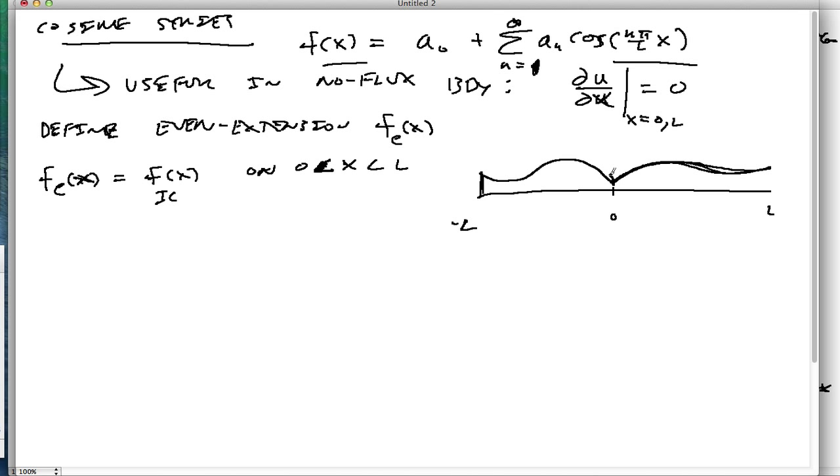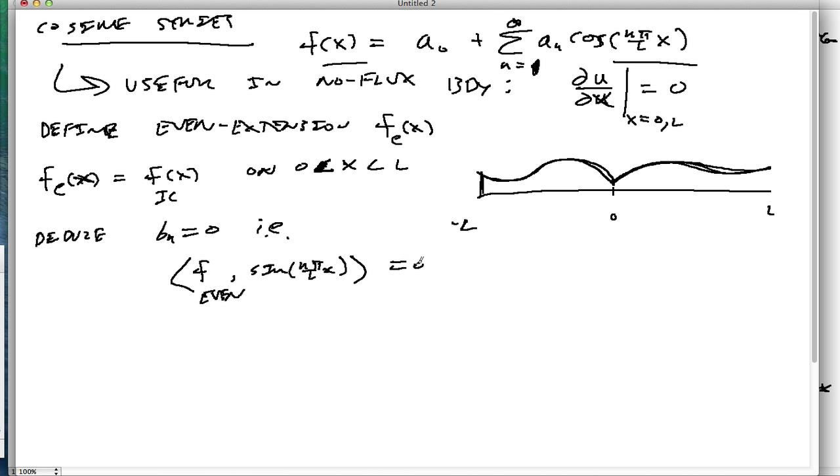But it also gives us this other half on the other side that we don't necessarily need. And we can deduce, just like before, that the bn's are now 0, i.e. the inner product of f, an even function, with sine terms is 0. That's the statement of orthogonality.